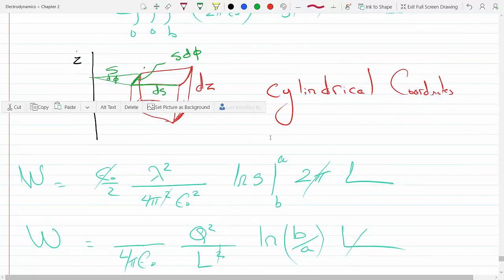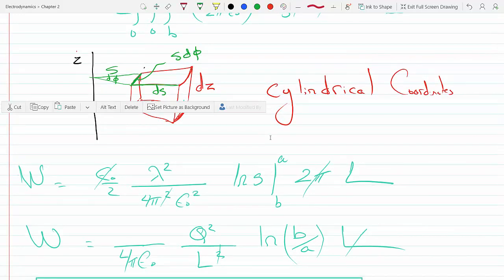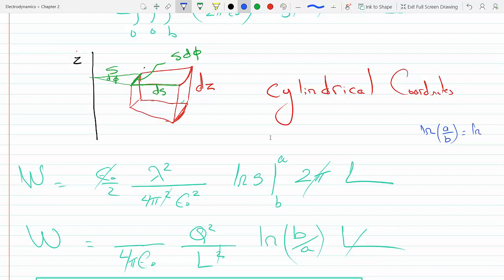Because you're squaring it, you have to take the absolute value of the capacitance, but ln a over b is the same thing as ln b over a to the minus 1, if you switch them, and this minus sign comes down, and when you square it, the minus sign goes away, so it doesn't really matter.